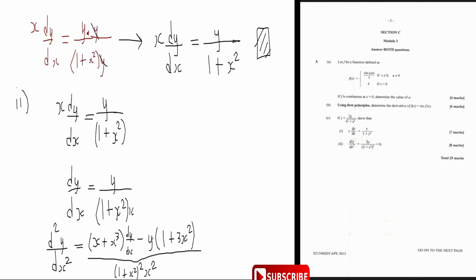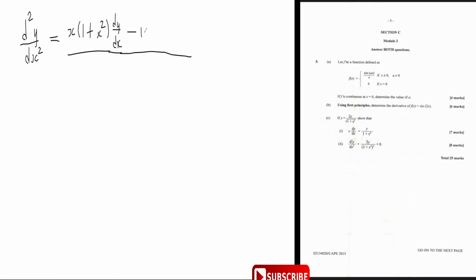Expanding the y, it's going to be minus y minus 3x squared y, over 1 plus x squared, all square, times x squared.